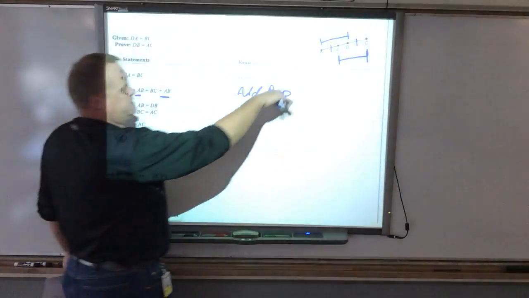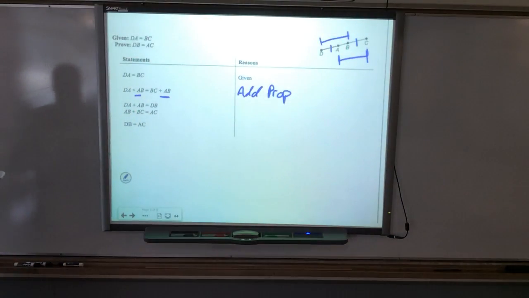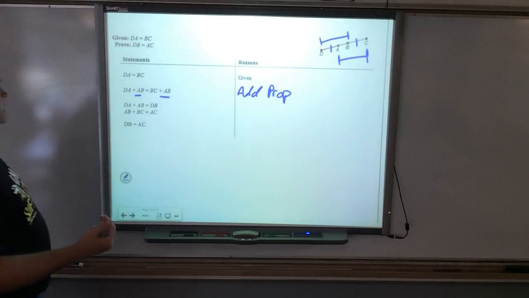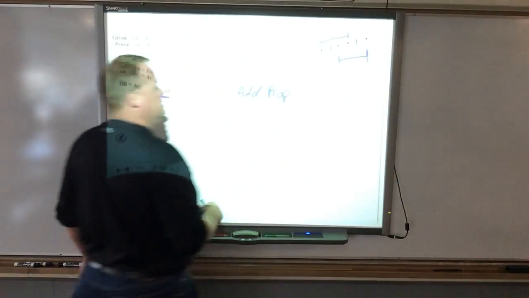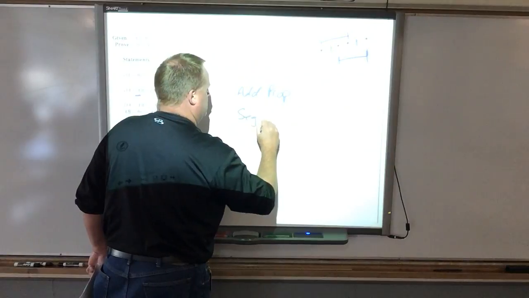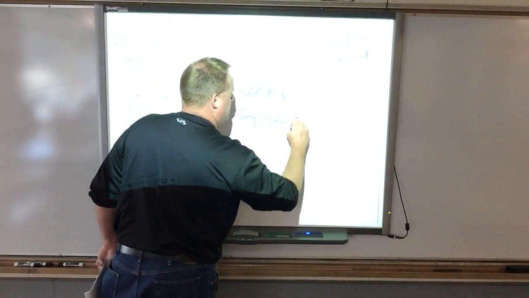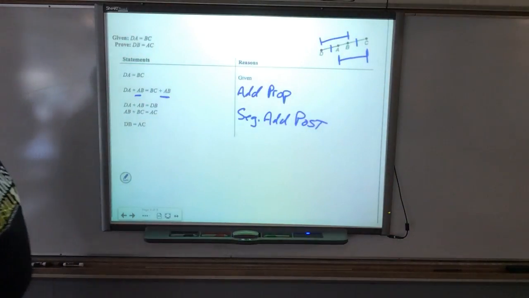Okay, well that makes sense. That's segment addition. And then AB plus BC equals AC. Well, I know that AB plus BC is equal to AC by the segment addition postulate.